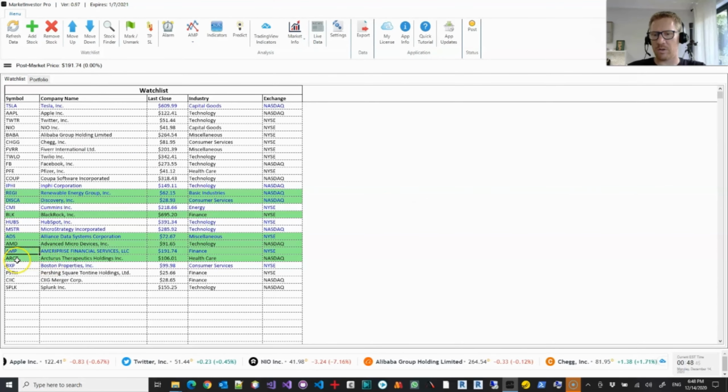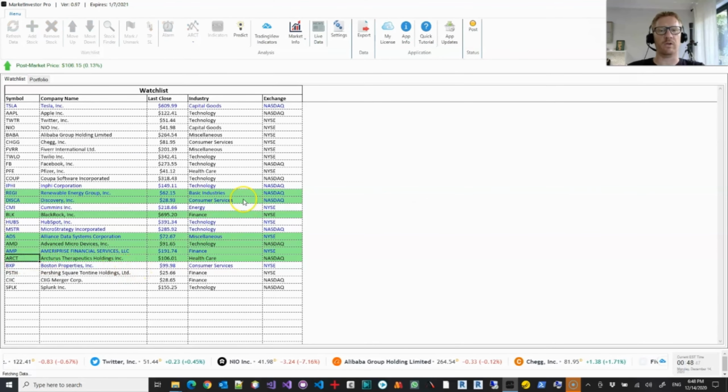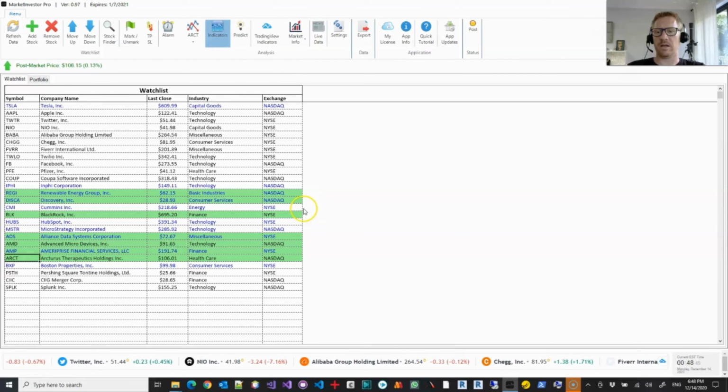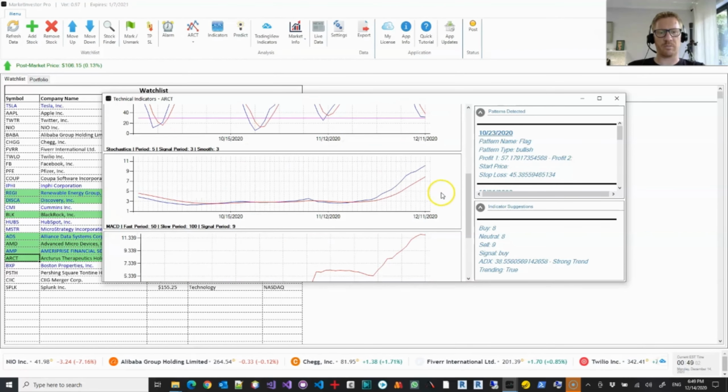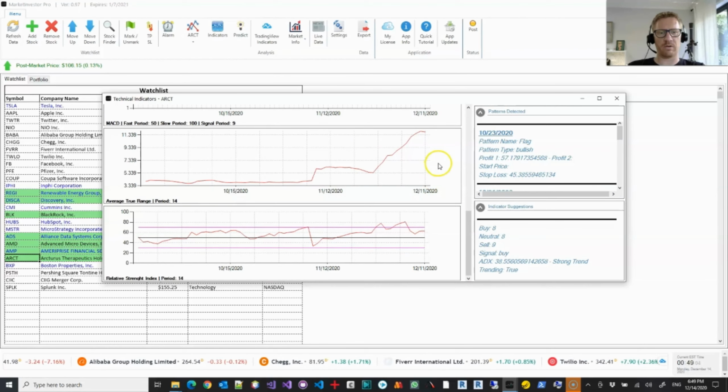So we've got Arcturus Therapeutics Holdings. All right, let's look at that. Indicators. Wow, it's all over the show here. Lots of different resistance and support levels. We can see that we're quite a bit above the EMA. The stochastics at the bottom, very bullish. Everything looking very, very bullish.